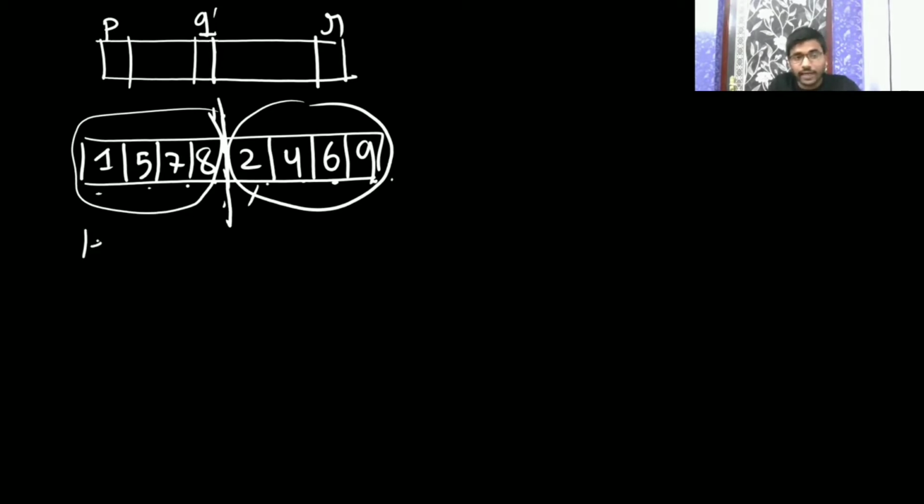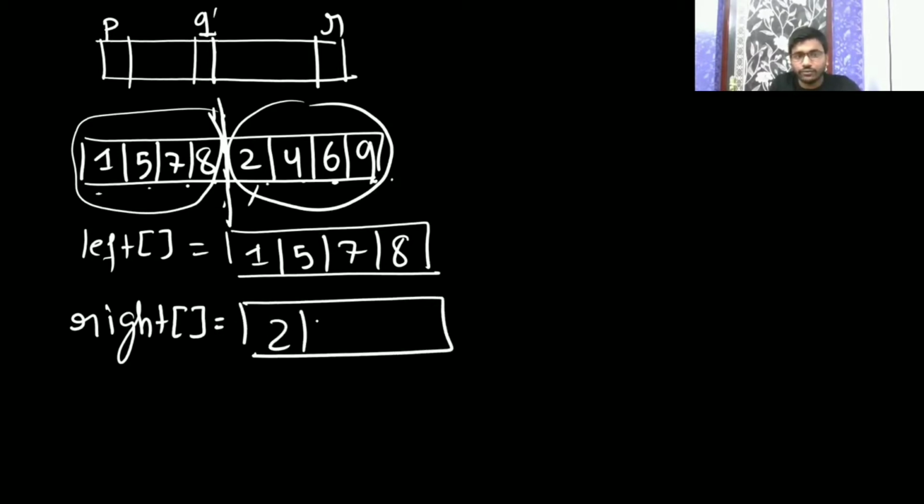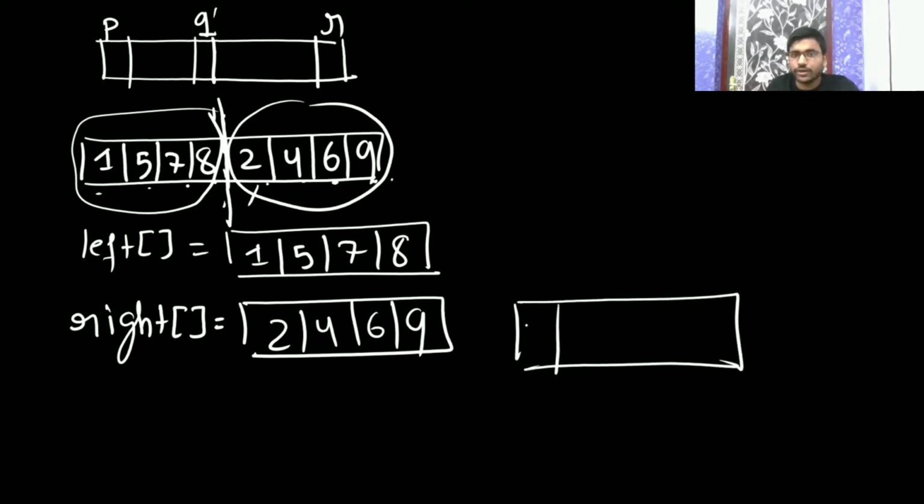I will create one array, left, which is going to store the elements 1, 5, 7, 8. Then the second half, right, is going to store the elements 2, 4, 6, 9. Now I will compare every element of left with every element of right, and create one array by merging these two.